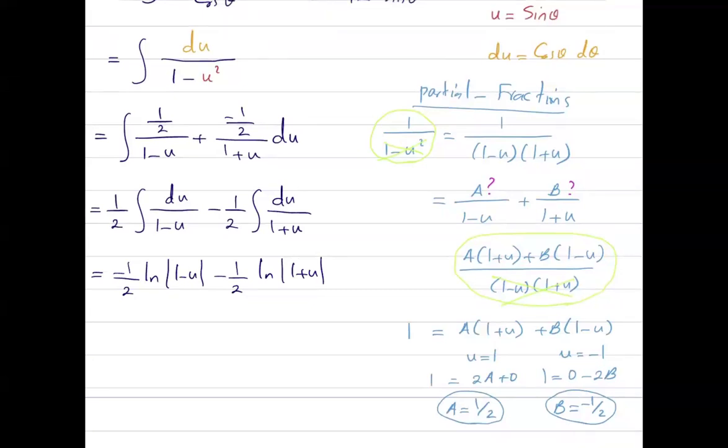What was u? U is the sine theta that you have. So this integral can be written as negative a half ln of absolute value of 1 minus sine theta minus a half ln of absolute value of 1 plus sine theta.